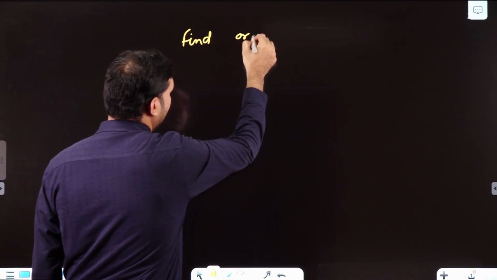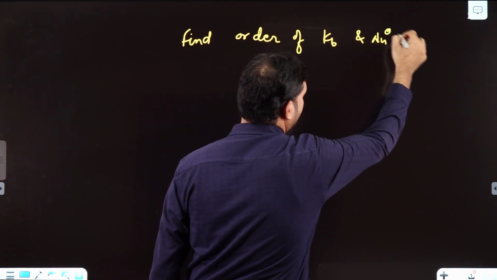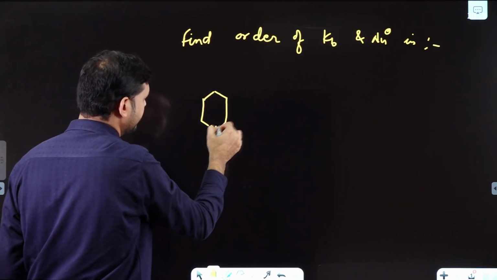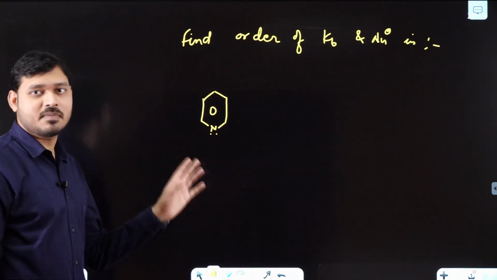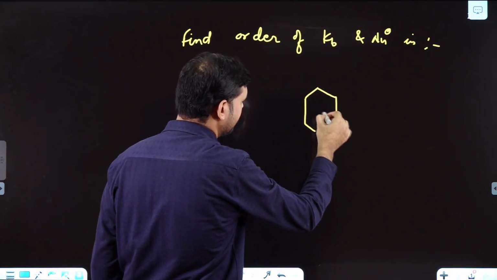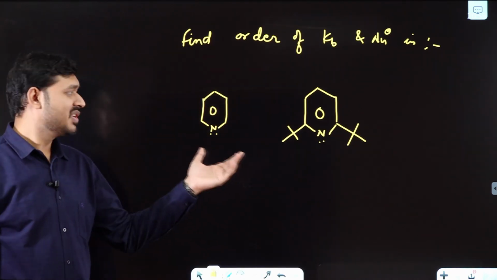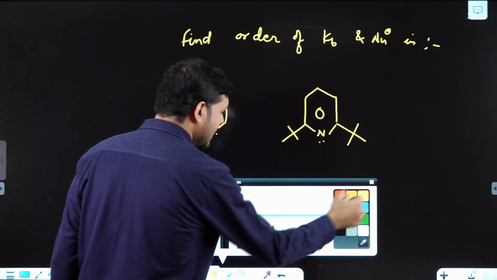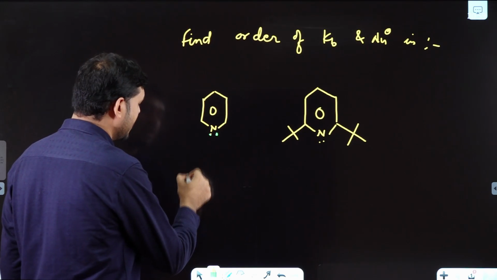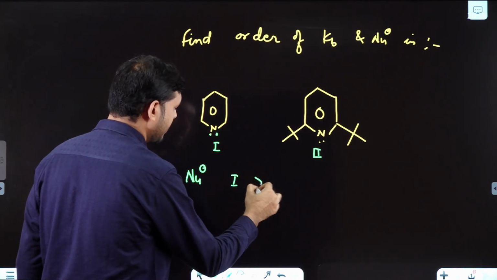Find the order of Kb and nucleophilicity in the given species. The question is: you know this compound pyridine, and the other compound is the same with methyl groups. Now I think it is very easy to understand. In the first case, there is no steric hindrance, so the nucleophilicity will be first greater than second.